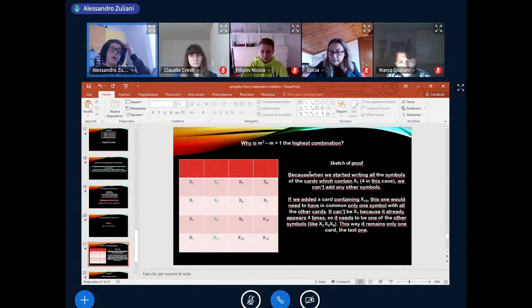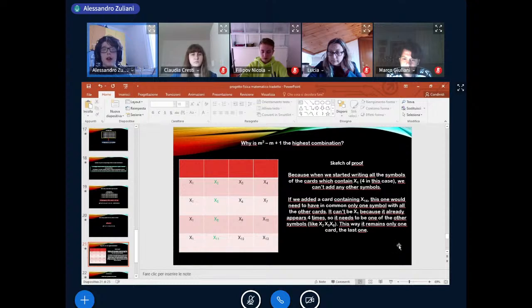It is the highest combination because when we started writing all the symbols of the cards which contain x1, 4 cards, we can't add any other symbols. For example, if we added a card containing the symbol x14, this one would need to have in common only one symbol with all the other cards.